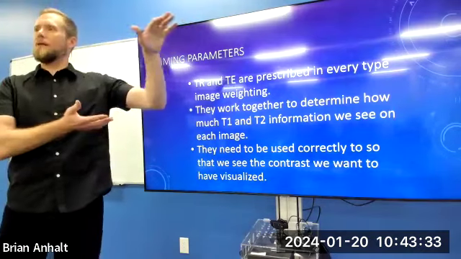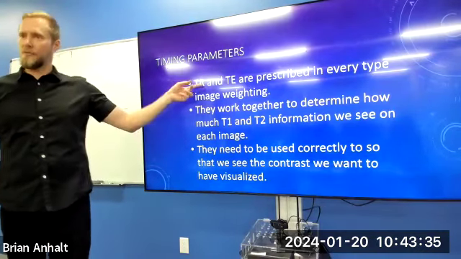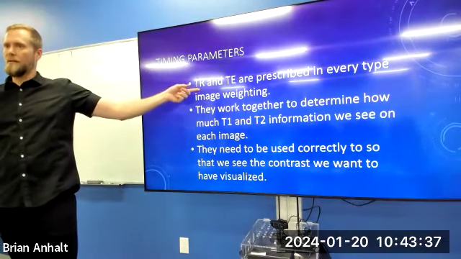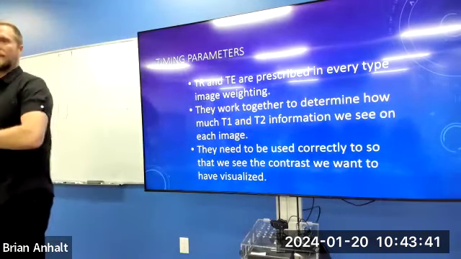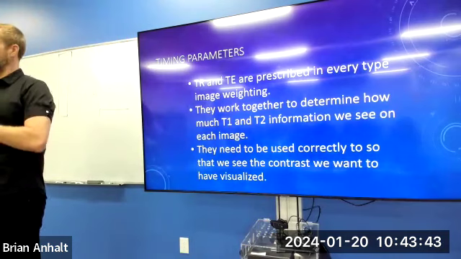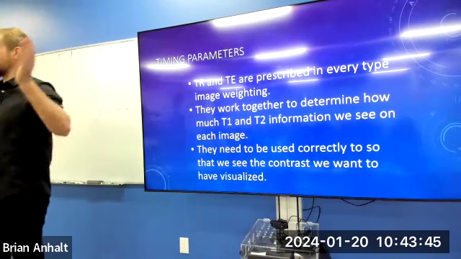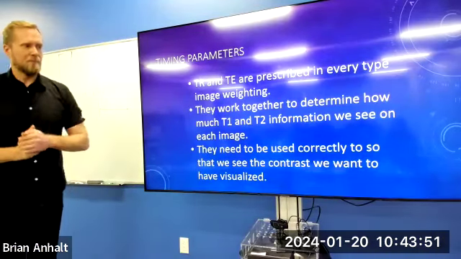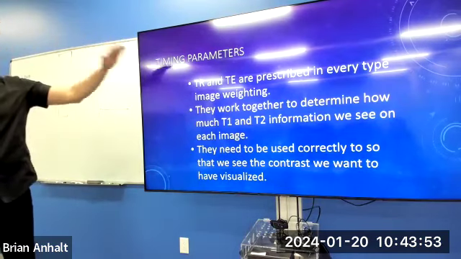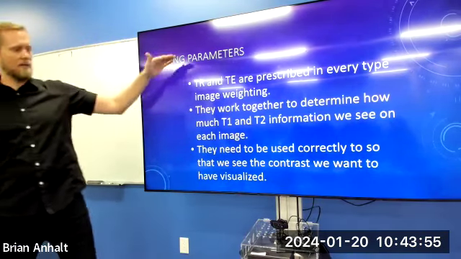I want to eliminate T1 information with my TR. It controls T1 contrast, but I can set it to either show T1 contrast or eliminate it. So in a T2 weighted image, I'm going to set my TR to eliminate T1 information, and then I'm going to set my TE to show T2 information. I know some of you are getting confused by that. It's fine. We'll get there.